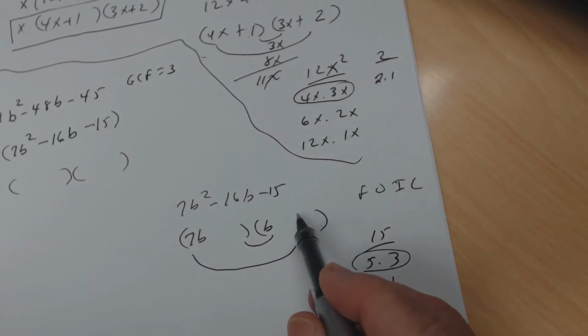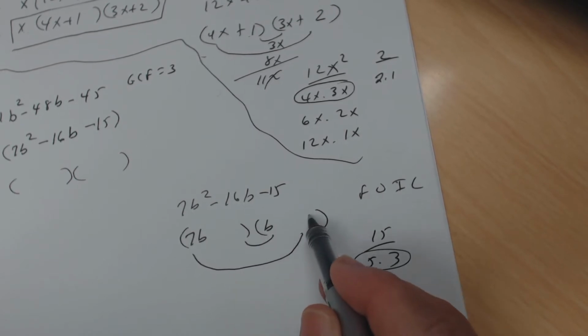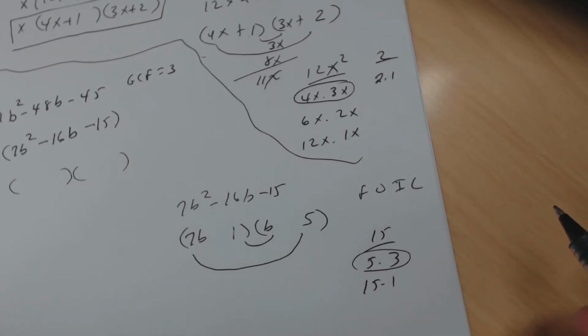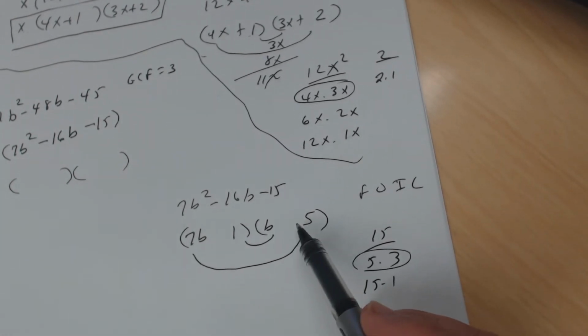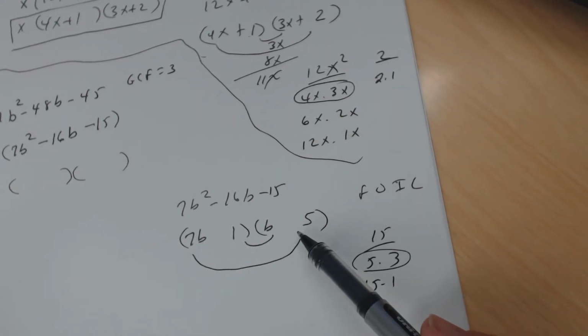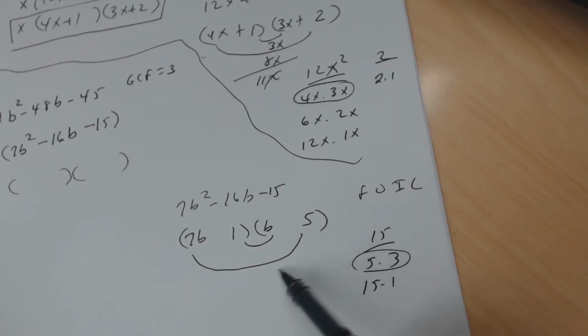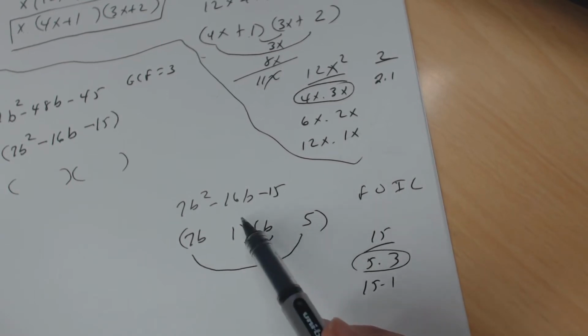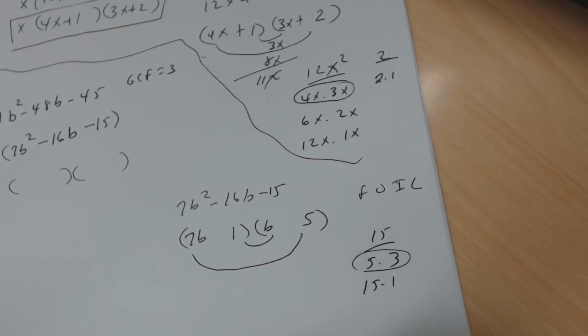Let's put the 5 here and the 1 there. I put the 5 here and the 1 there for a reason, just to show you it's not going to work. But many of you, at this point, would have realized, hey, I can't put the 5 here because that's a 35b, and this is negative 16. So you're on the right track if you thought that way.